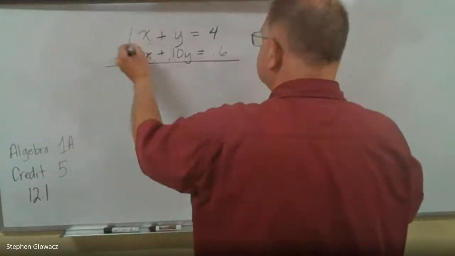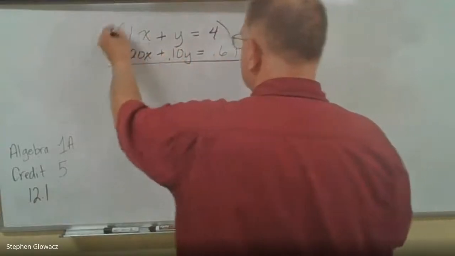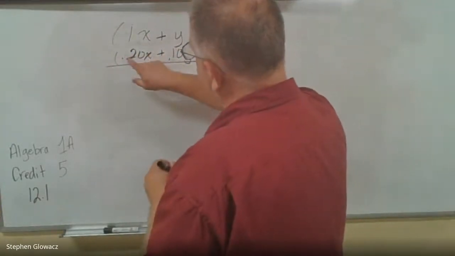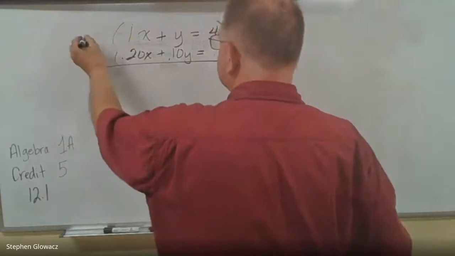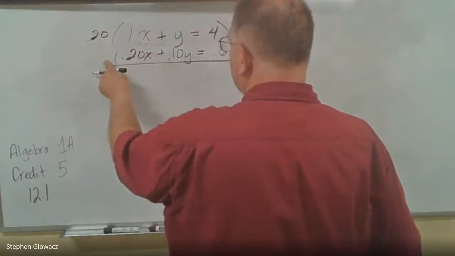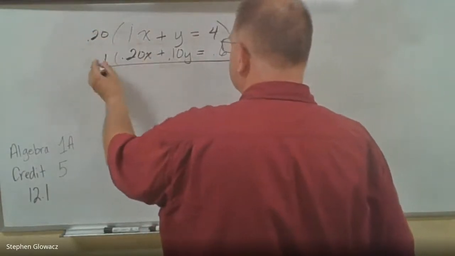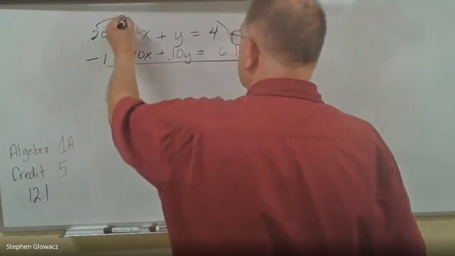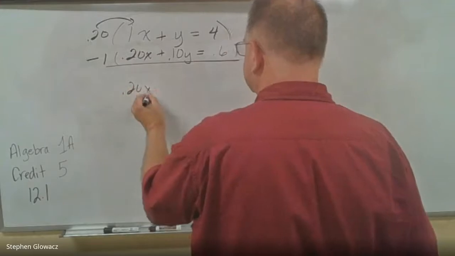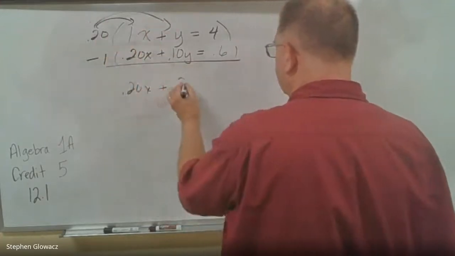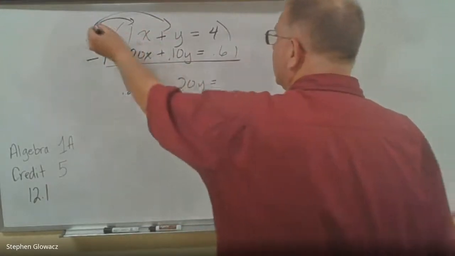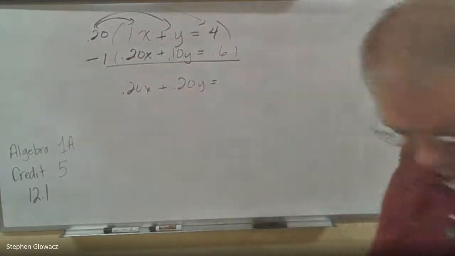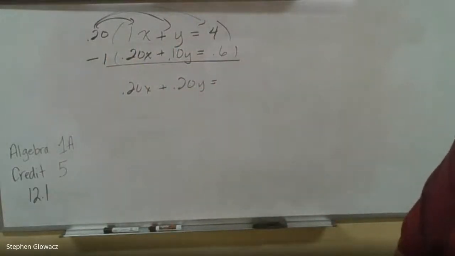All right, so let's see. Let's eliminate the X's. So we're going to multiply the first equation by the coefficient of X in the second equation, and the second by the coefficient of X in the first. They're both positive, so we make one of them negative. So we got 0.20x plus 0.20y equals 0.20 times 4, 20% of 4, which would be 0.8.